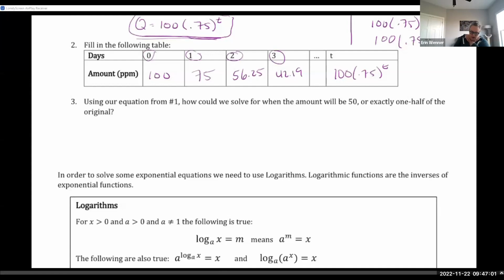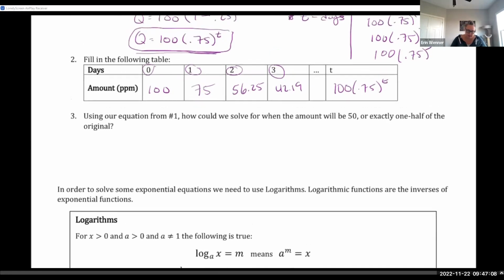So number 3. Number 3 says, using our equation for number 1, how can we solve for when the amount will be 50 exactly, or exactly 1/2 the original amount?